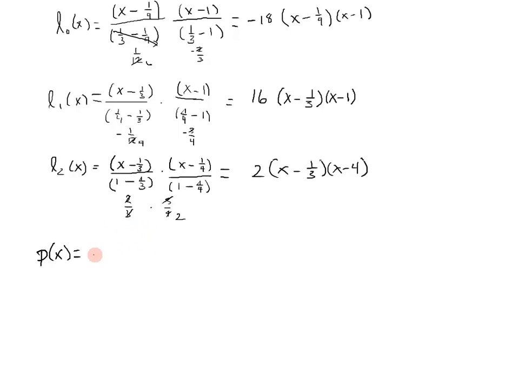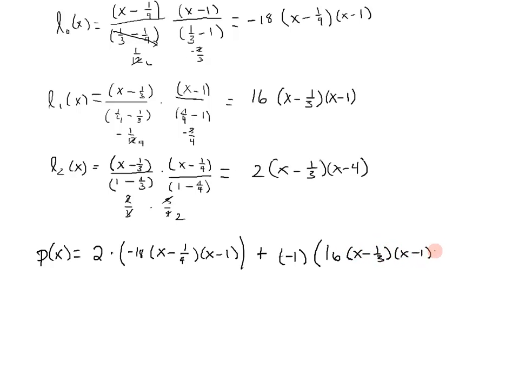y0 is 2, so you'll have 2 times L0, which is a negative 18 times x minus 1/4 times x minus 1. And then you've got plus a negative 1 times the 16, x minus 1/3 times x minus 1.